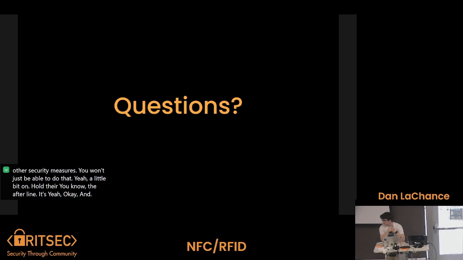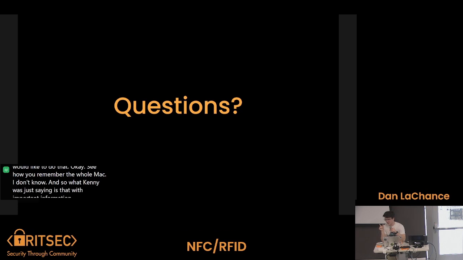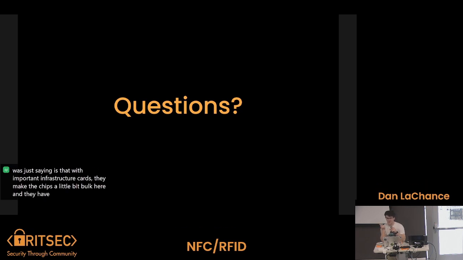So what Kenny was just saying is that with important infrastructure cards, they make the chips a little bit bulkier, and they have private keys associated with them. That's just another level of security built into that.